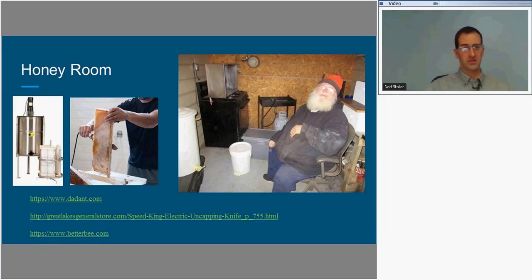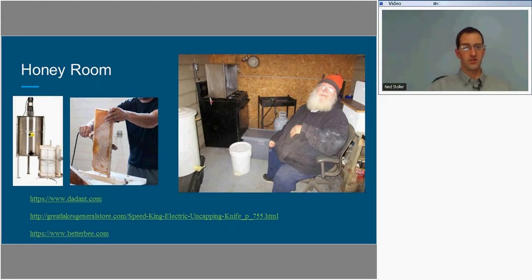The person working in the middle there is using a heated knife from datant.com, and all of these websites, betterbee.com and Great Lakes General Store, are going to be suppliers, as well as many others. The heated knife obviously just cuts through like a hot knife through butter, except it's a hot knife through honeycomb, and it opens up the comb.